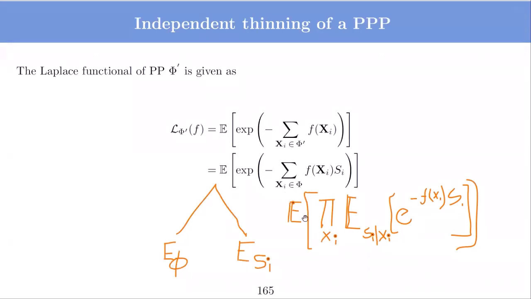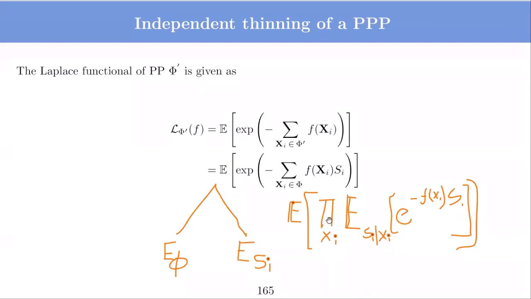One will be the outside expectation over phi, and inside there is a product over i of the expectation of S_i given X_i. Actually it is S_i given phi, but note that S_i only depends on X_i. Out of the complete phi, it only depends on X_i. So S_i given phi is the same as S_i given X_i. And then we have this term e to the power minus f(X_i) S_i.